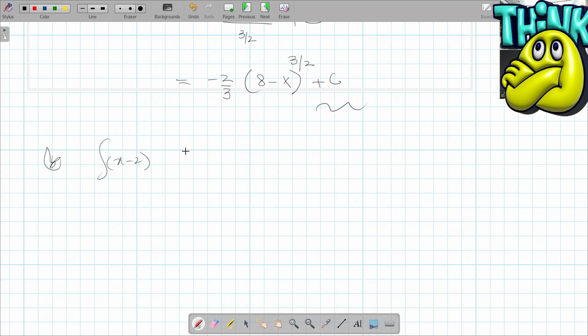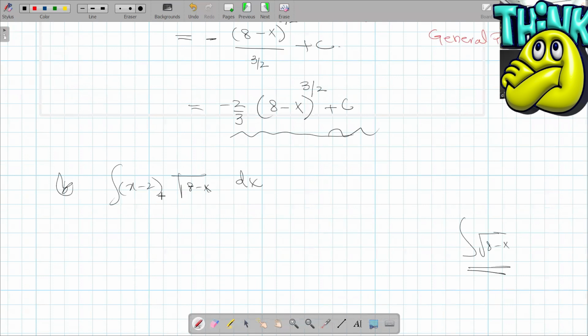We have just done the integration of the square root of 8 minus x. We know this now, and this is the second function. This is the answer of this.